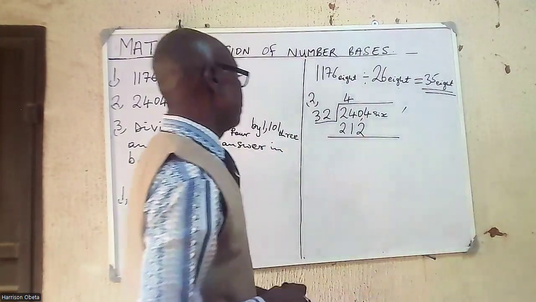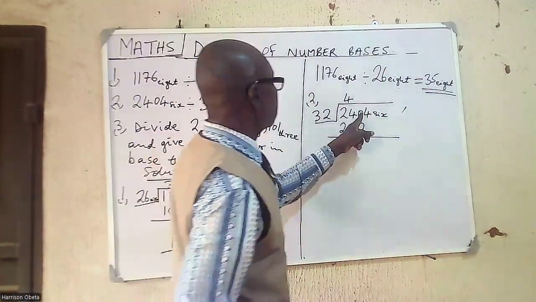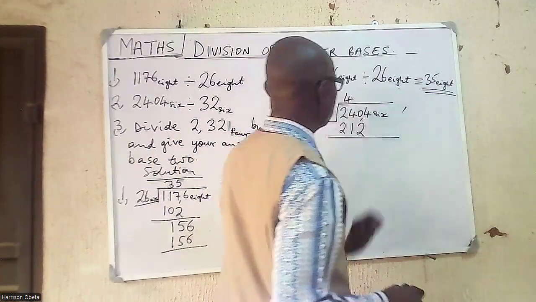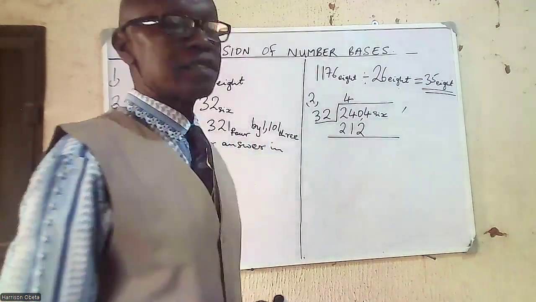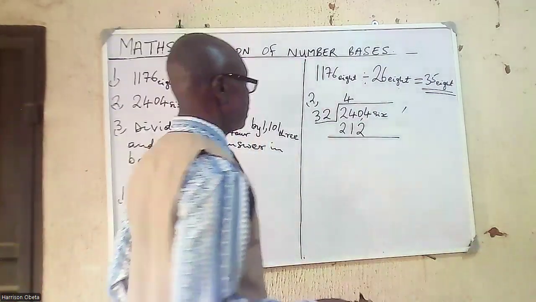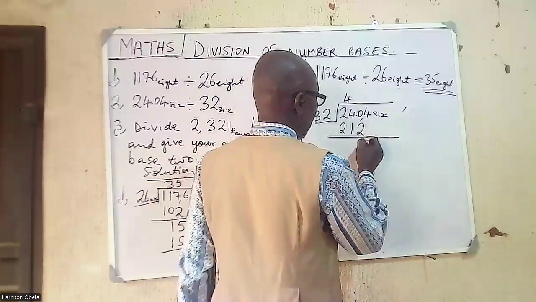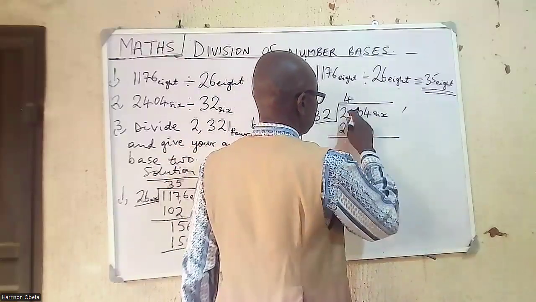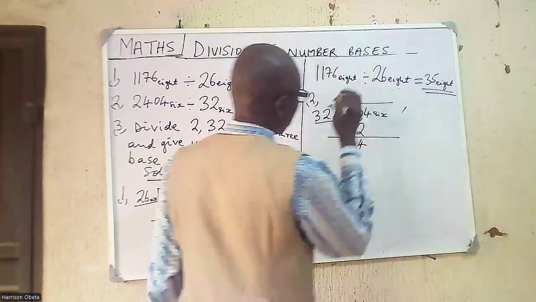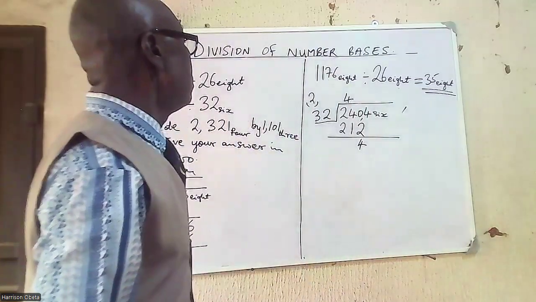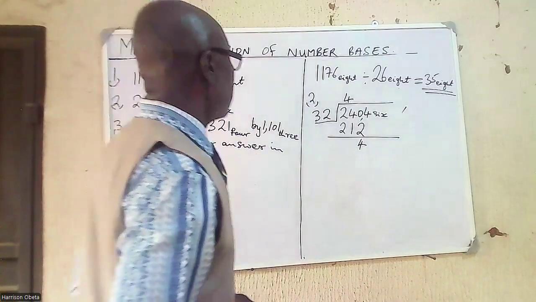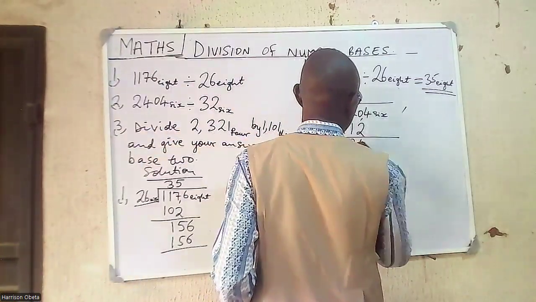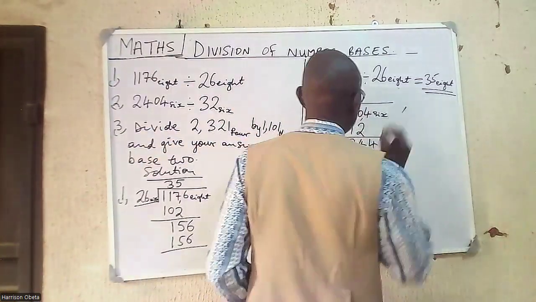Then we subtract. And then pick 1 here, add to 0, and that one is 6, because we are counting in base 6. 6 minus 2 is 4. Then this one will remain 3. 3 minus 1 is 2. Bring down 4.